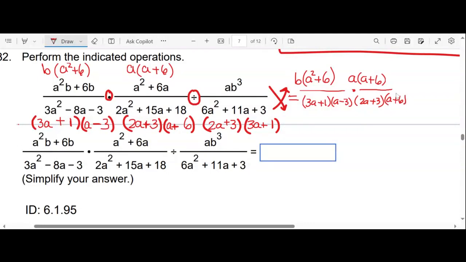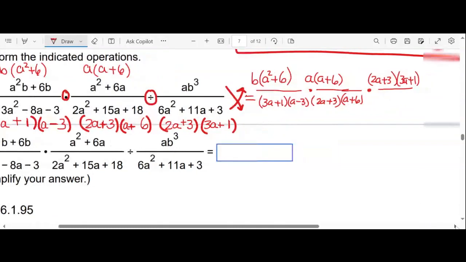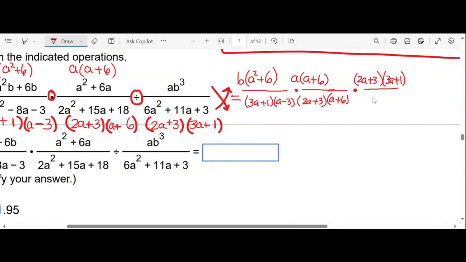Now we have to flip. 2A plus 3, 3A plus 1, and in the bottom, AB squared, AB cubed.